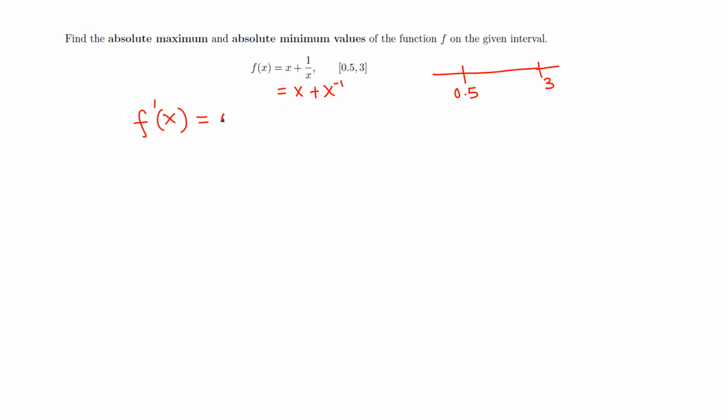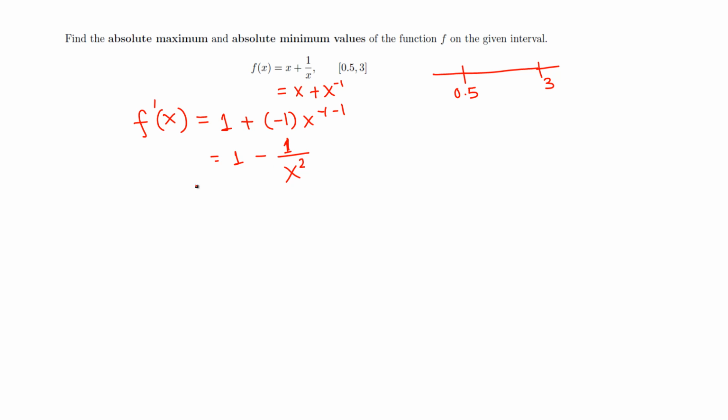And the derivative of x is 1 plus, this is like x to the n, so the derivative is n x to the n minus 1. Let's simplify. 1 plus minus 1 x raised to negative 2. Put that on the bottom. So 1 over x raised to positive 2.